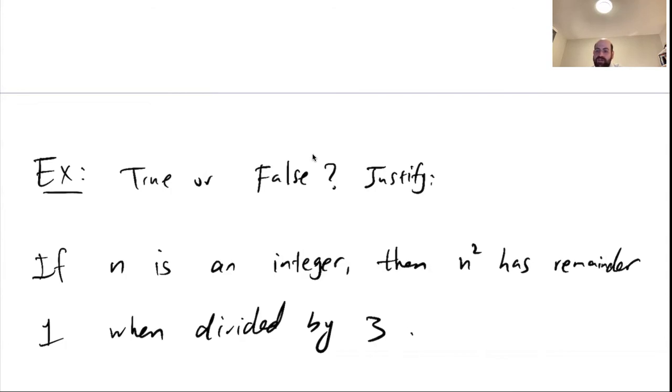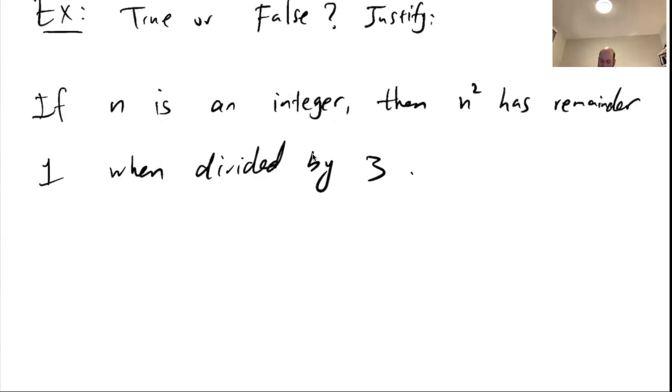Once you find an example that meets the assumption but not the conclusion, that is considered a counterexample, which also verifies that the statement or the property is false. My only assumption here is that n is an integer. Well, n equals 3 is an integer, so it meets the assumption, but not the conclusion, because 3 squared is 9, and 9 does not have remainder 1 when divided by 3. So I can say that this statement is false.